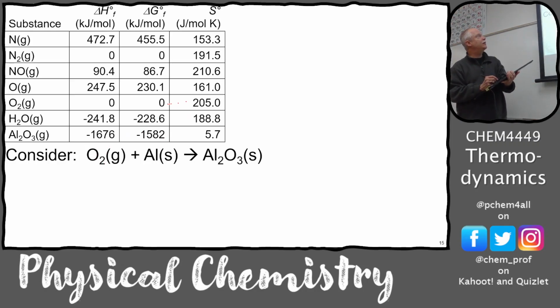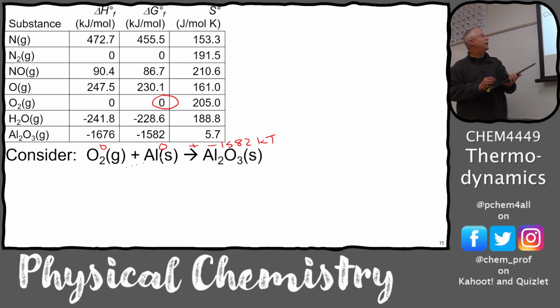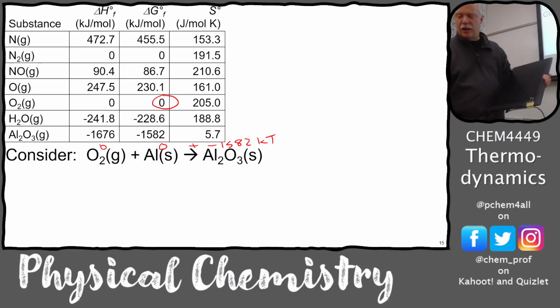This is going to be a 0 Gibbs energy. Aluminum is not listed in the table, but it's an element. It's a solid at 1 atmosphere or 1 bar and room temperature, so it has 0 here. 0, 0. And then aluminum oxide is minus 1582 kilojoules. It's 1 mole times that, so it's kilojoules. And so this is our Gibbs energy for this reaction.